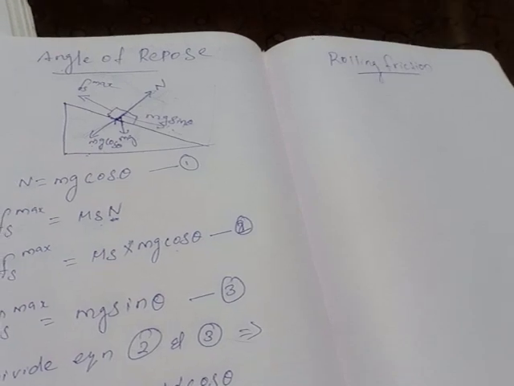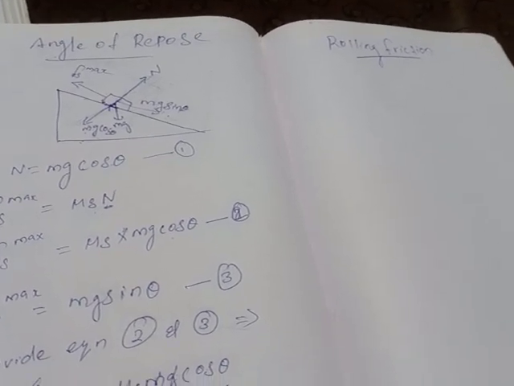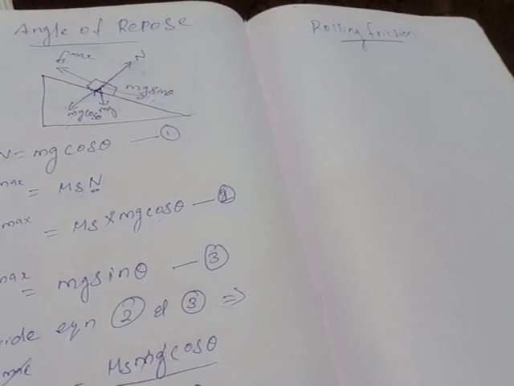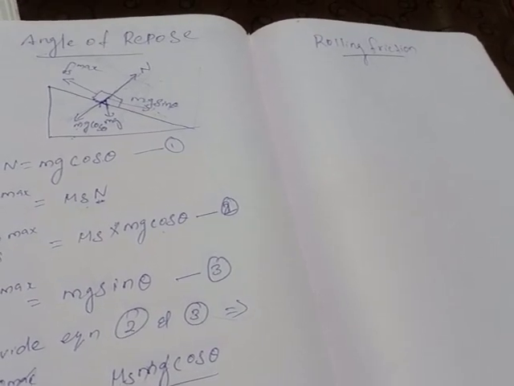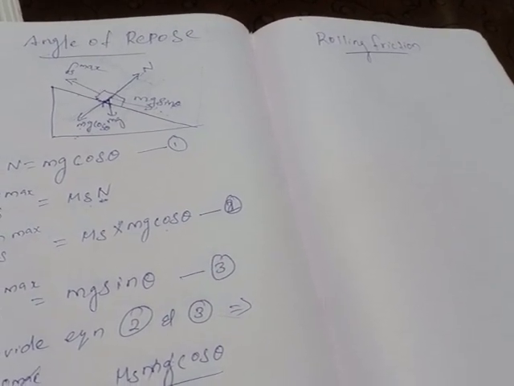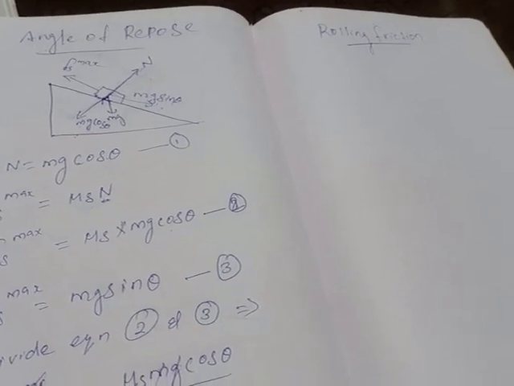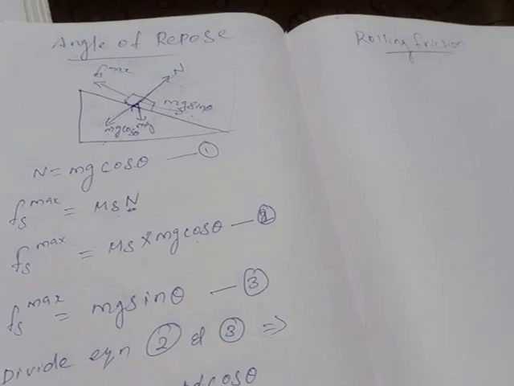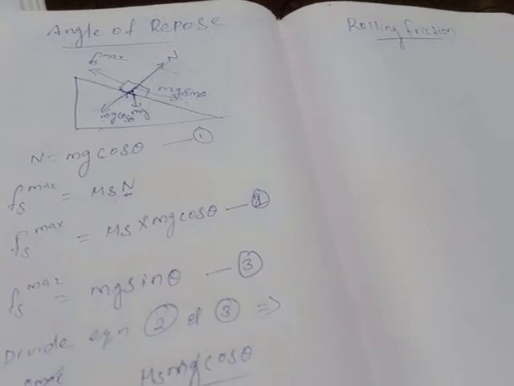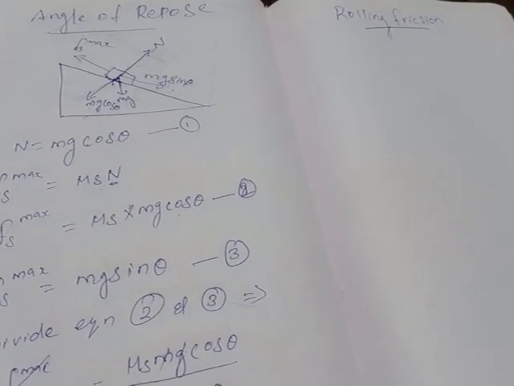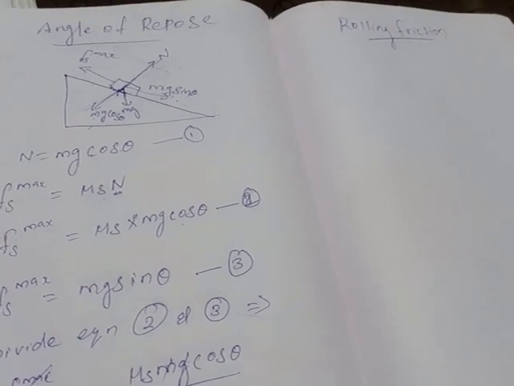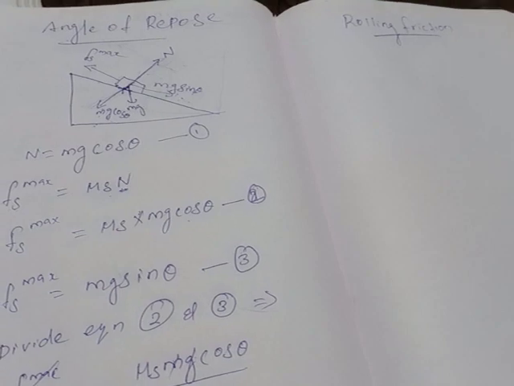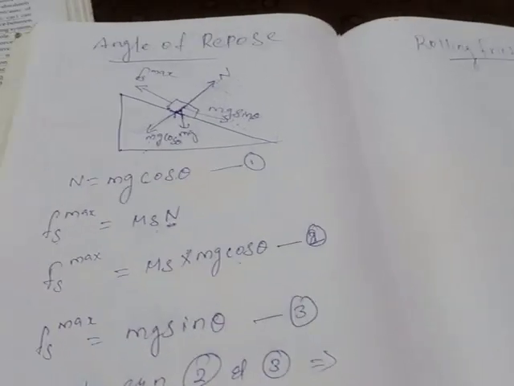But assume that one object is moving without a wheel. There will be relative motion between this object and the surface, so there will be a larger frictional force acting on it. Because of this, we feel the object resisting motion.